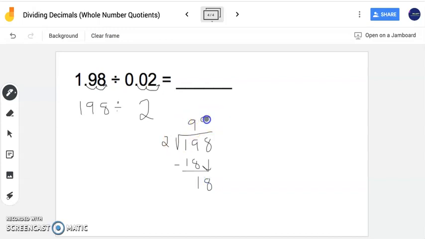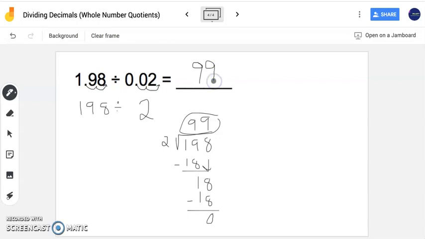And 2 times 9 is 18. And I'm left with no remainder. Notice I rewrote this on the side, just like you should all be doing as well, giving me a quotient of 99. Therefore, 1 and 98 hundredths divided by 2 hundredths is also 99 as our quotient.